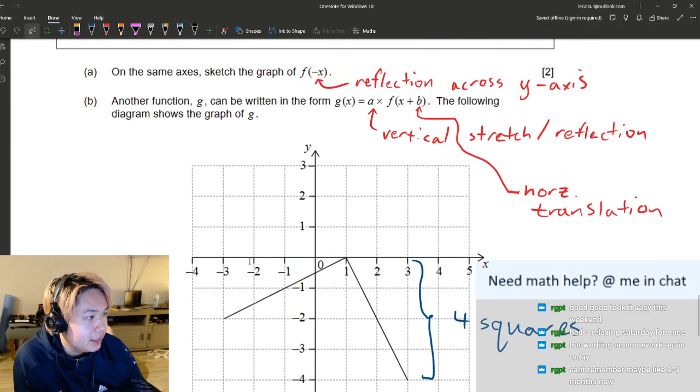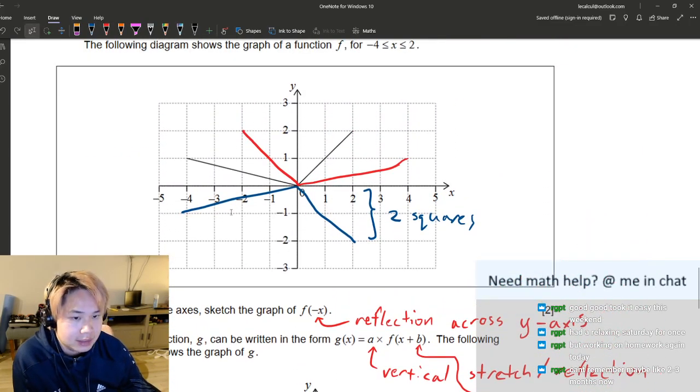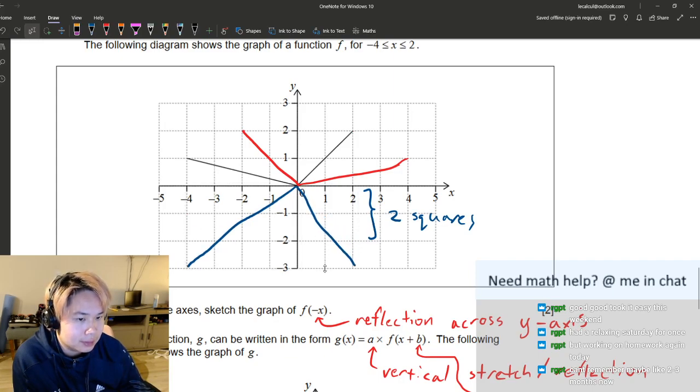Now b is the translation. So if I were to stretch this out by a factor of 2, then it should look like this blue graph right here. But it's a little bit off.